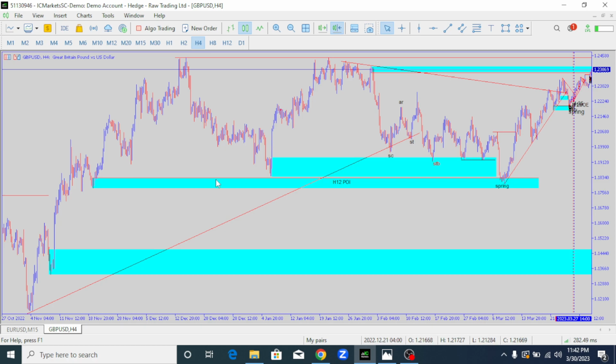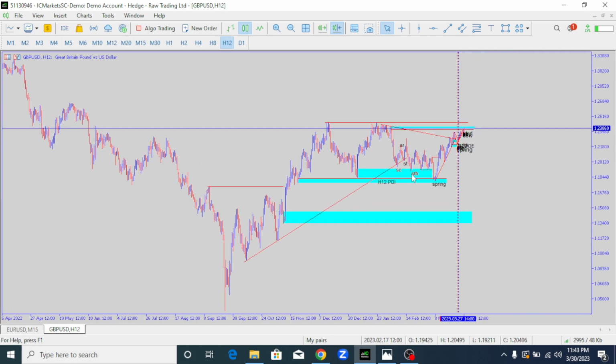So after the price broke this 4-hour point of interest and closed below, I expected the price to go on and react off of this demand zone, because you see this demand zone is the one that sponsored the break of structure.